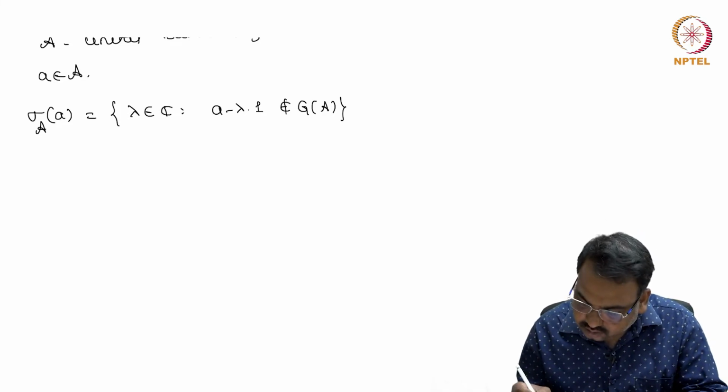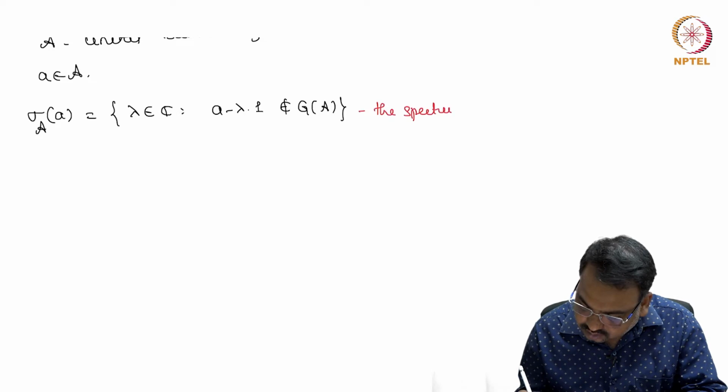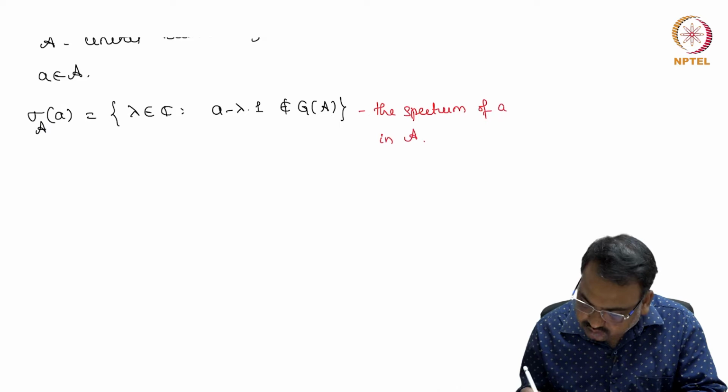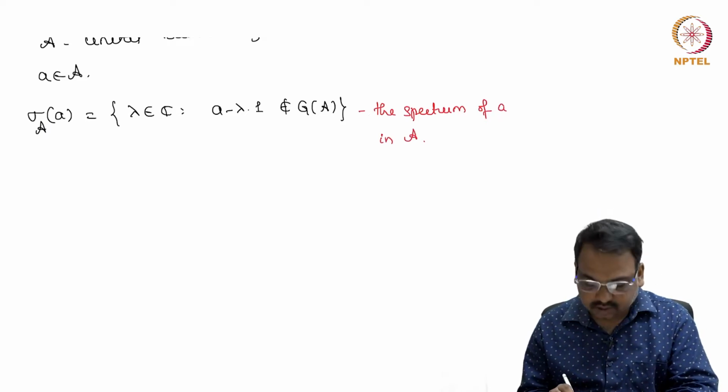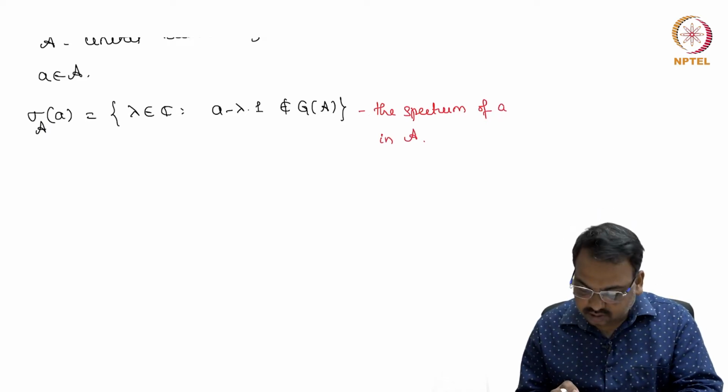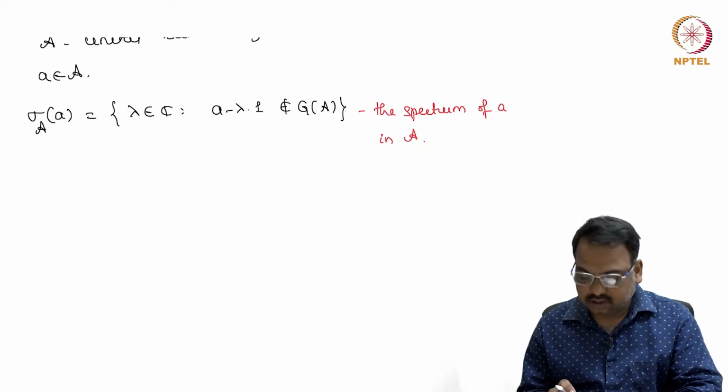This is called the spectrum of a in the algebra A. That means the spectrum depends on the underlying algebra that we are discussing.